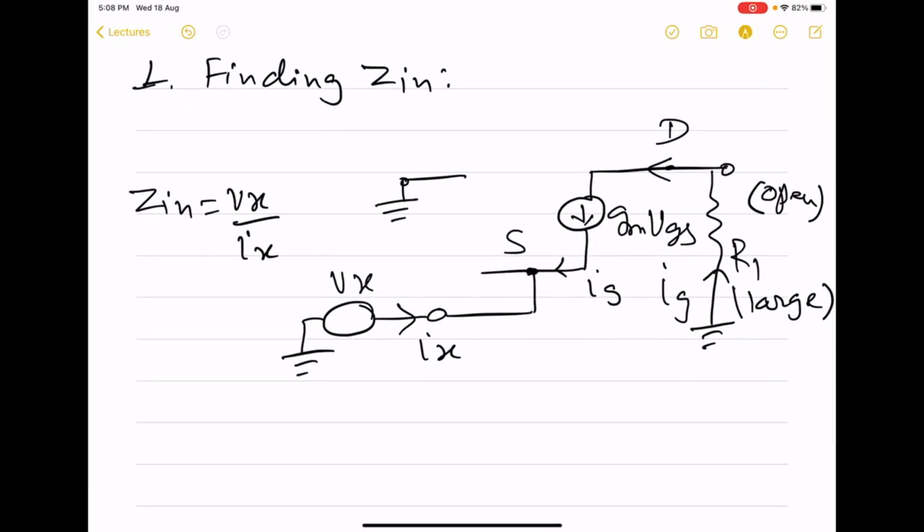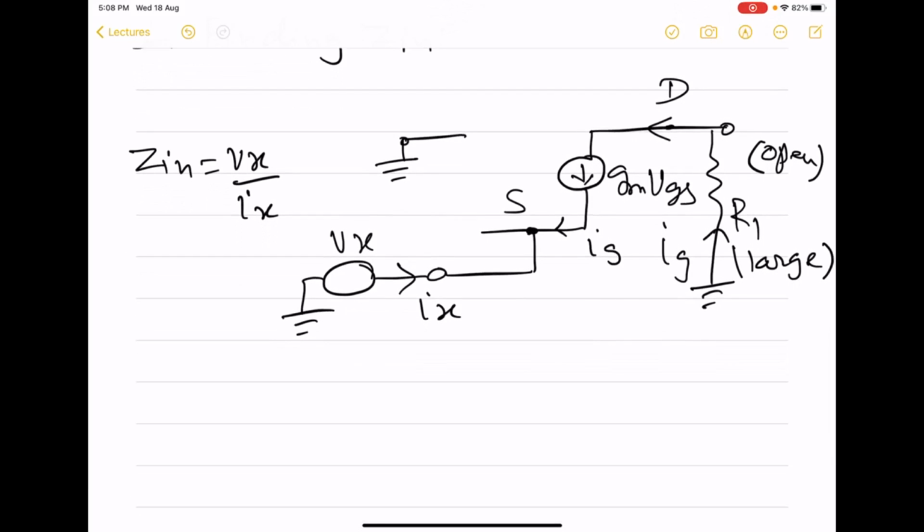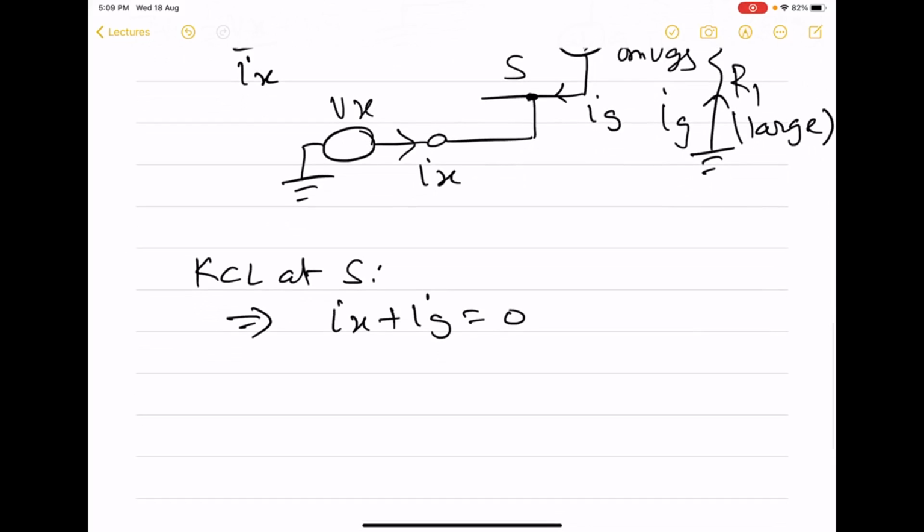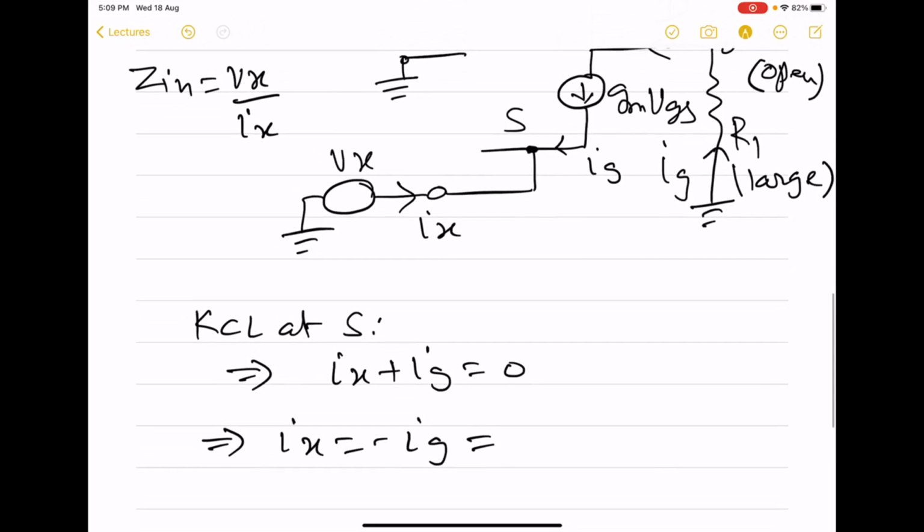So this is the source node. To set up the equation, we apply KCL at the source. So Ix plus Ig is equal to 0. This implies Ix is equal to minus Ig, which is equal to gm VGS.